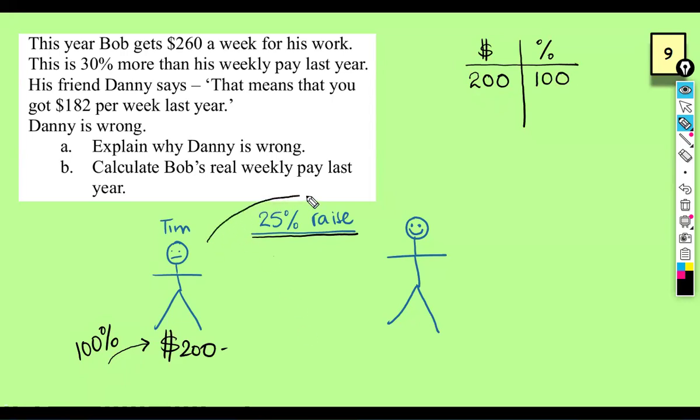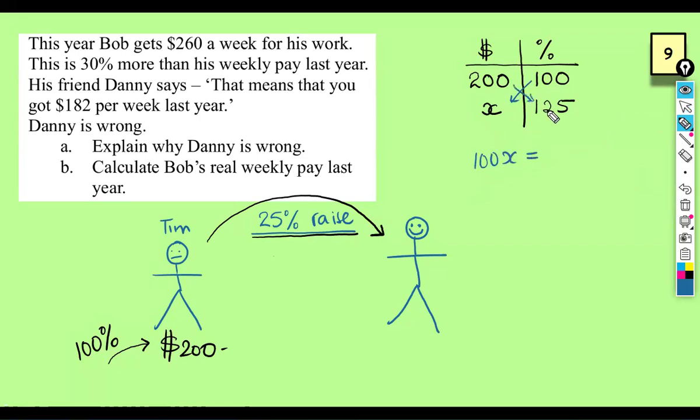If he gets a raise of 25%, won't his new percentage be 125%? Because he had 100% and now he's getting an extra 25%. So his total percentage is 125. How much money is he getting now? We just have to cross multiply. So let's cross multiply here quickly. 100 by x is 100x.